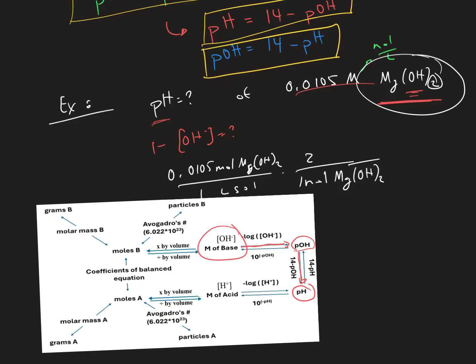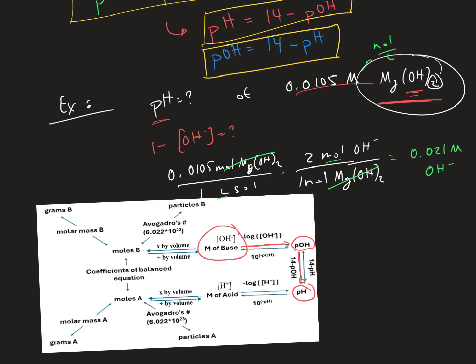Does anybody need a chemical equation to do this? If you do, I'll show you. Okay. 2 moles of OH minus. Magnesium hydroxide goes away. Now we have moles over liter, our concentration of OH. So that's equal to 0.021 molar concentration of OH minus.